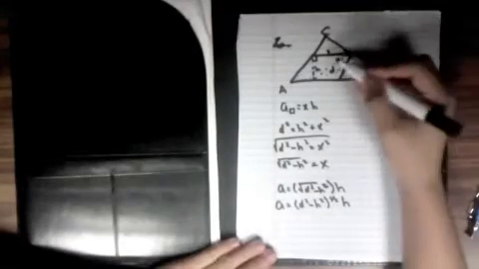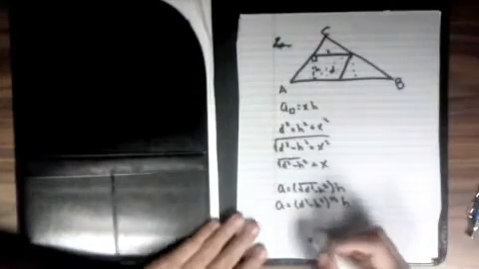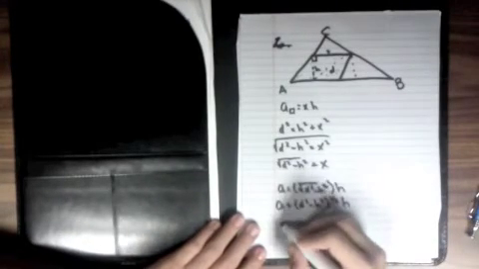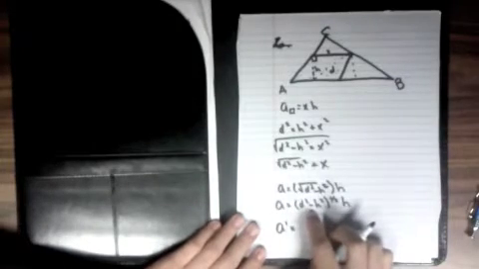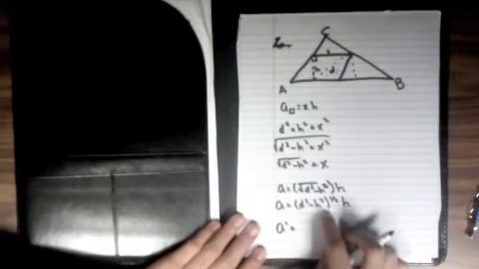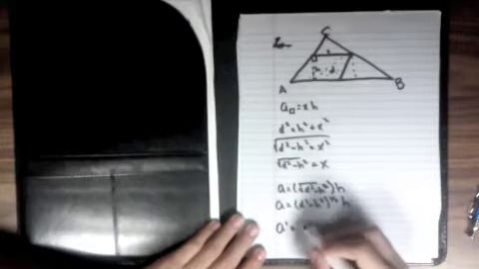To find the maximum area, we have to find the derivative of a, a prime, in terms of h, so we have to use the chain rule and the multiplication rule.